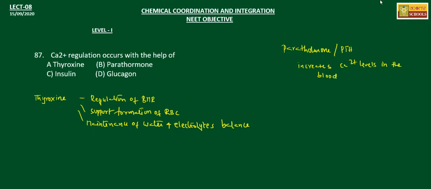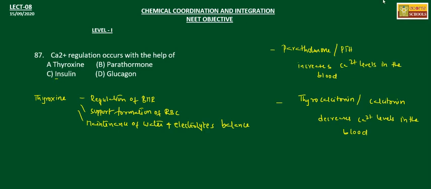Another hormone is thyrocalcitonin, also called calcitonin, which decreases calcium levels in the blood. These two hormones act antagonistically and help in regulating the calcium levels in the blood, right?